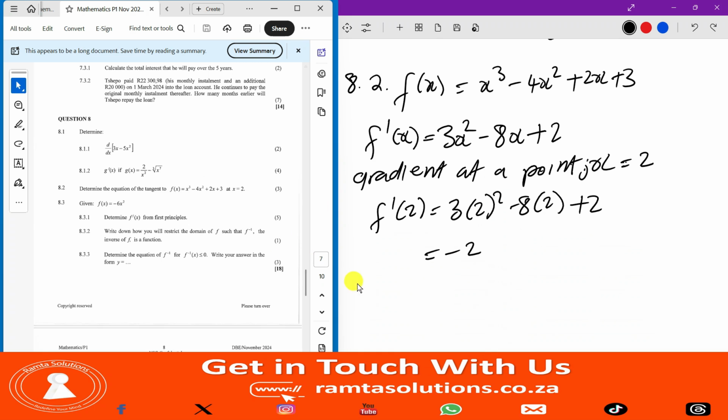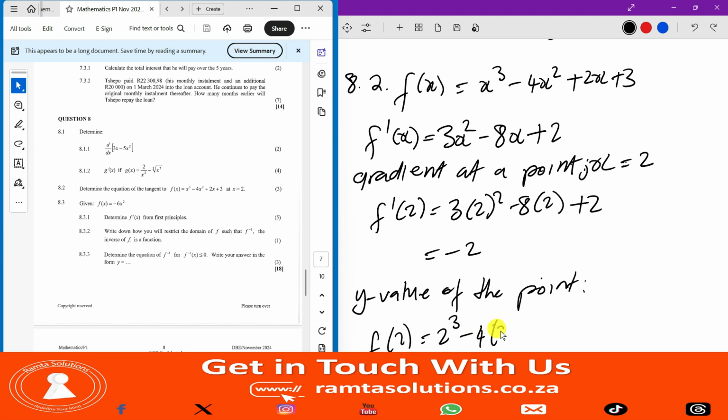All right. So the y value of the point will be f of 2, which is 2 cubed minus 4 times 2 squared plus 2 times 2 plus 3. Now, what is our answer?